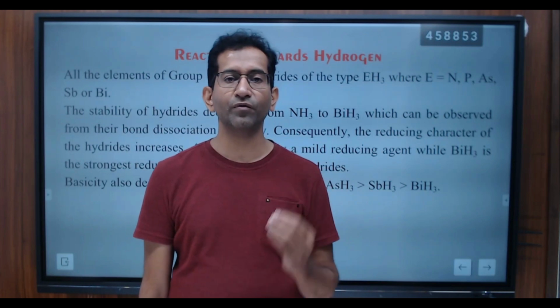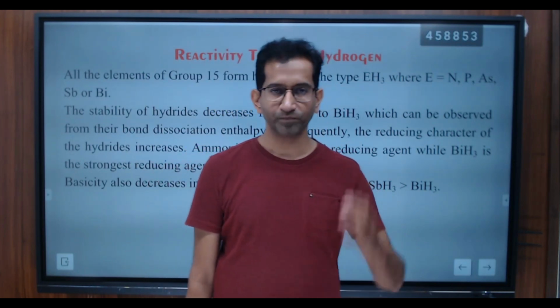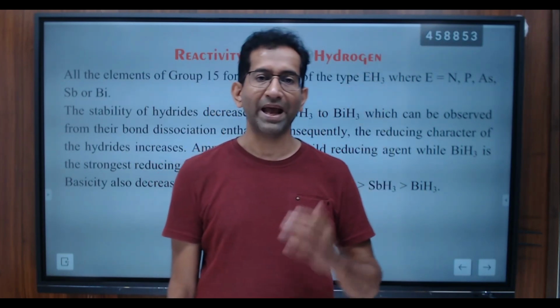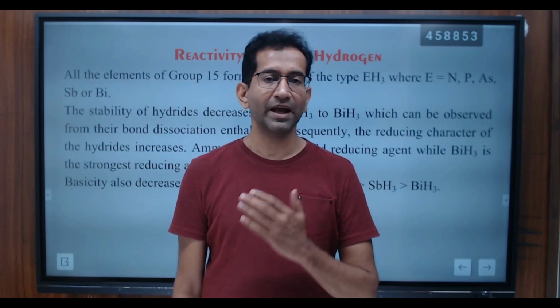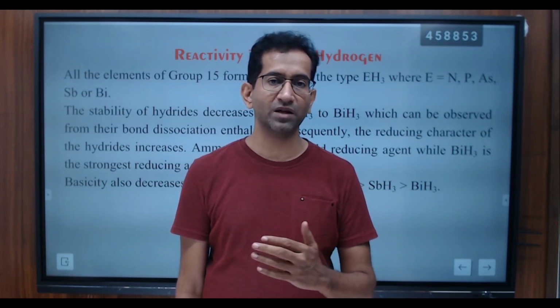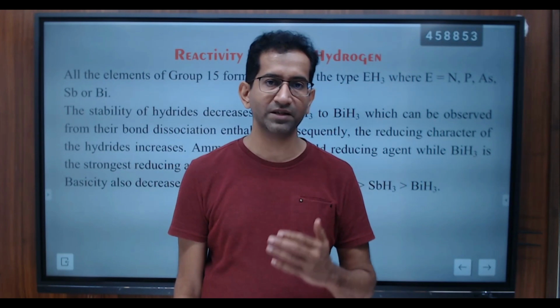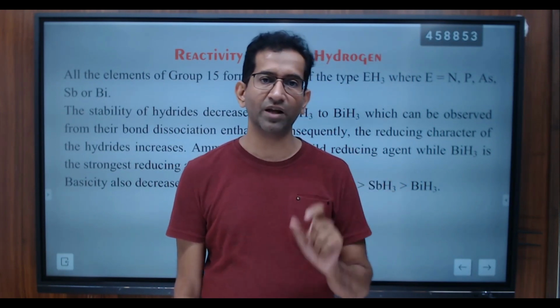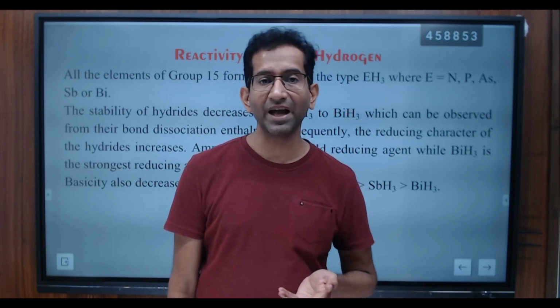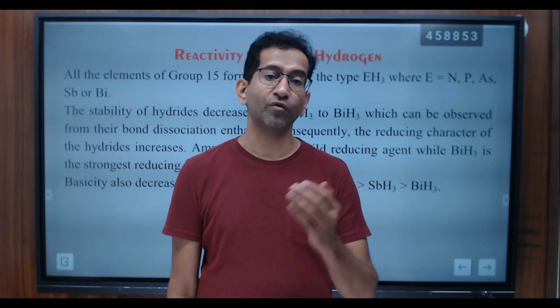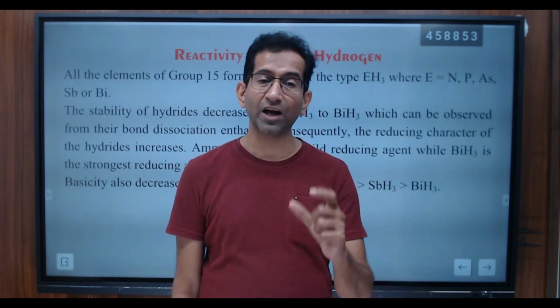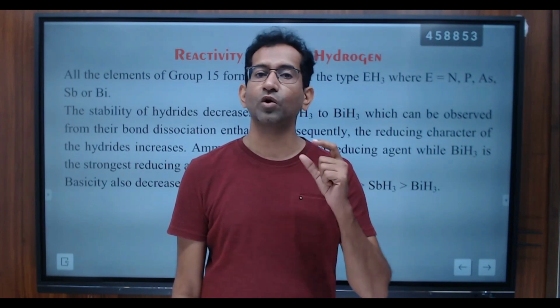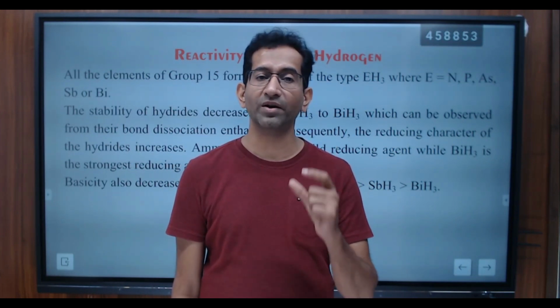But now if you focus on thermal stability, going down the group from NH3 to BiH3, electron pair sharing occurs very far from the nucleus. You can say in the case of NH3 it is sp3-1s overlap, but in the case of BiH3 it is going to be 5s-1s overlap, and that overlap is very weak, so the bond is thermally not that stable.